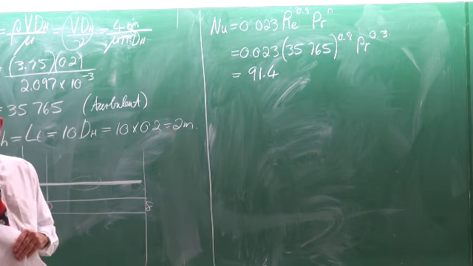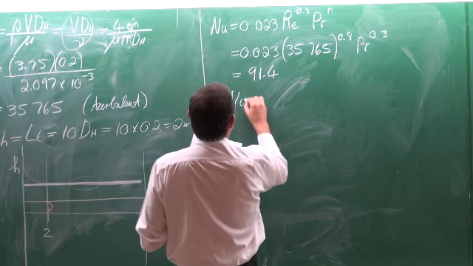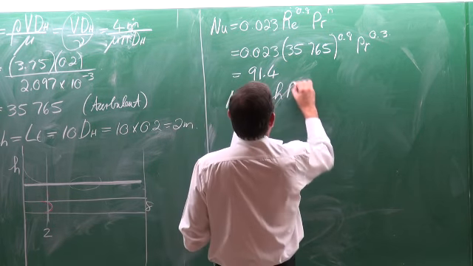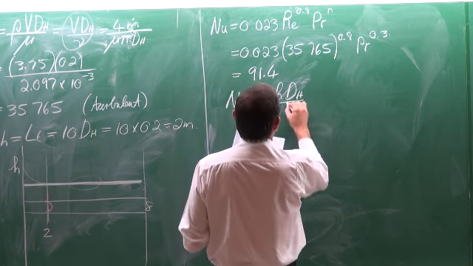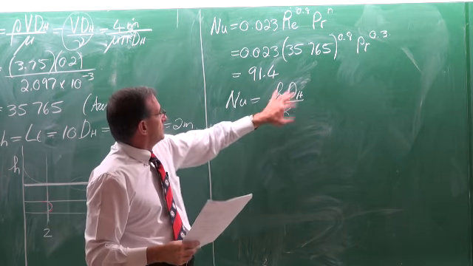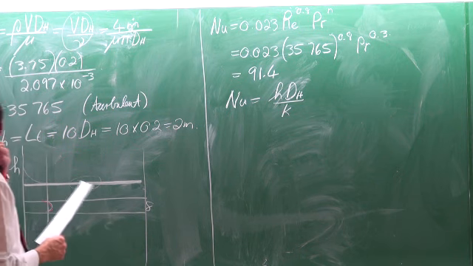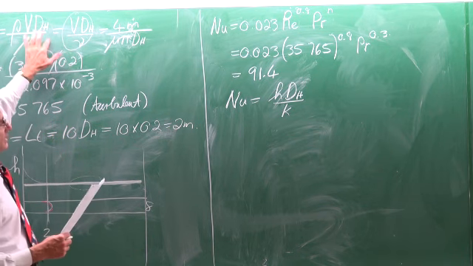Okay. The Nusselt number is the non-dimensional heat transfer coefficient. So the Nusselt number is equal to the heat transfer coefficient multiplied by the hydraulic diameter divided by K. This is why we're using the hydraulic diameter, because now we can use the Nusselt number equations, and it is the same with the Reynolds number.